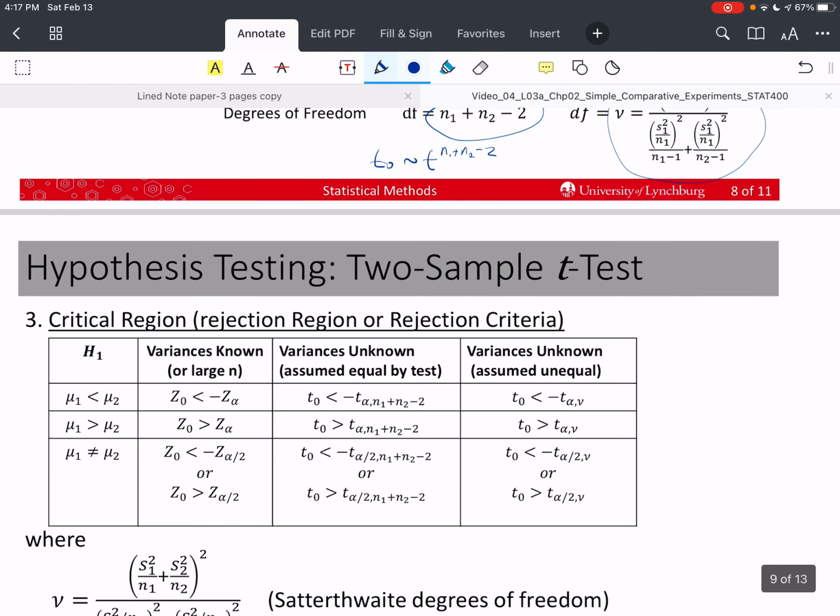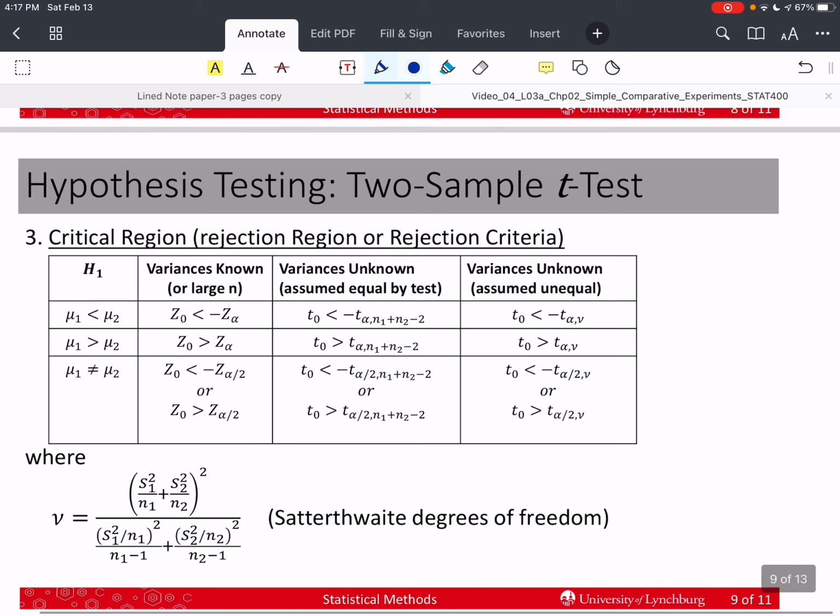All right. Let's talk about the critical region. The critical region is the term that is most used by statisticians. Probably the term that I like the best is called the rejection criteria.